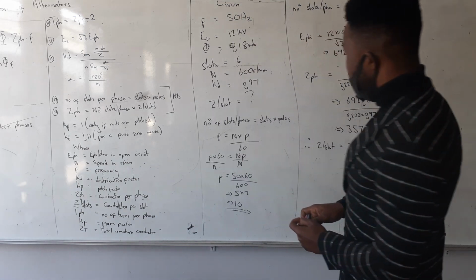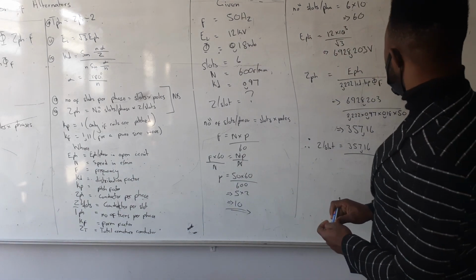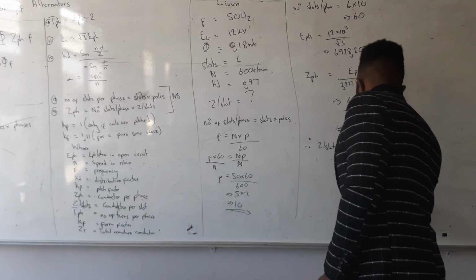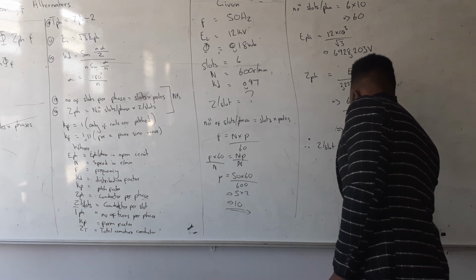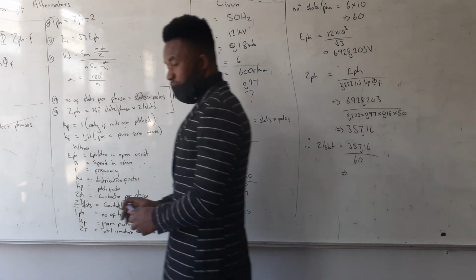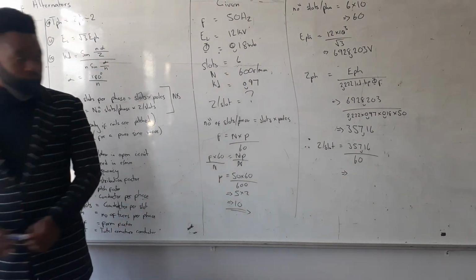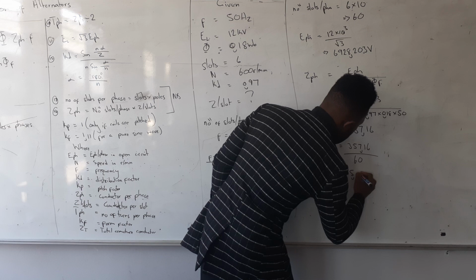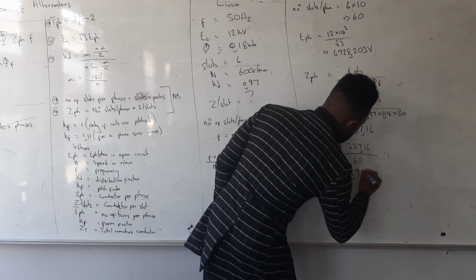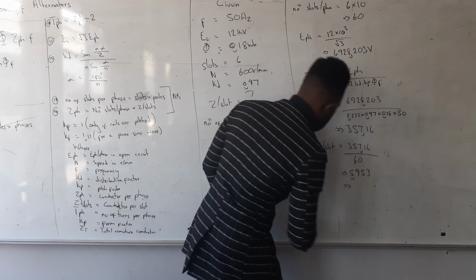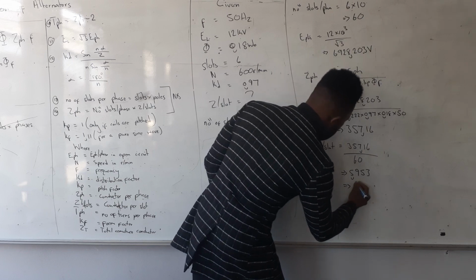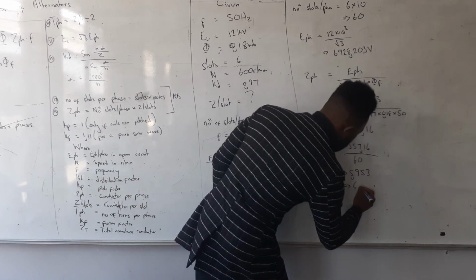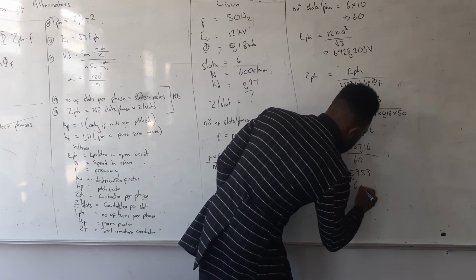Where did we get our number of slots per phase? It's 60. So that's 5.953. Then you can just round off to the whole number. It's going to be 6. 6 conductors per slot.